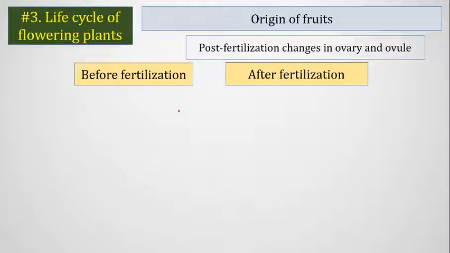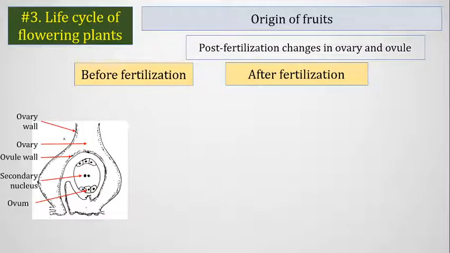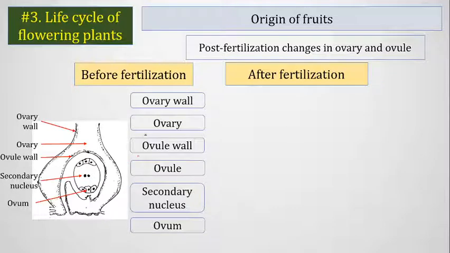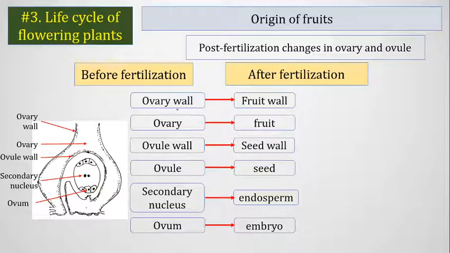Before fertilization, there is the ovary, and there is the ovary wall, and that contains the ovule wall, and that contains the ovule, and inside the ovule there are the ovum and the secondary nucleus. That is the state of an ovary before fertilization, and these parts change into different fruit parts after fertilization. For example, the ovary wall turns into the fruit wall.